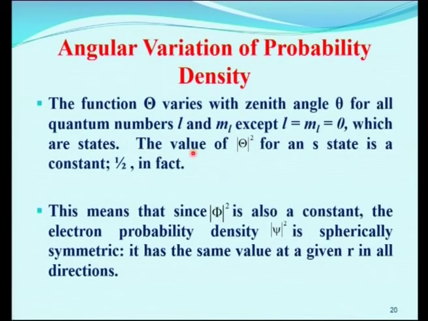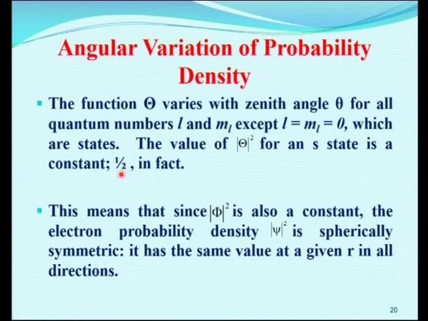For all quantum numbers l and m_l except l equal to m_l equal to 0, which are all the states. So, the value of modulus Theta squared for an s state, s is an orbit in which the electrons are present, we call the electronic energy state of s orbit an s state, is constant and the value is half.